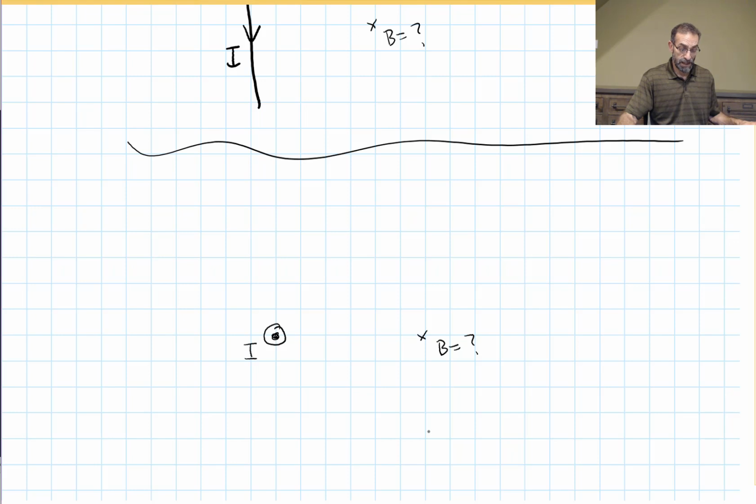What direction is ds cross r hat? ds would be pointing out of the page, same direction as the current. r hat would be pointing to the place of interest. So ds cross r hat would be towards the top of the page.